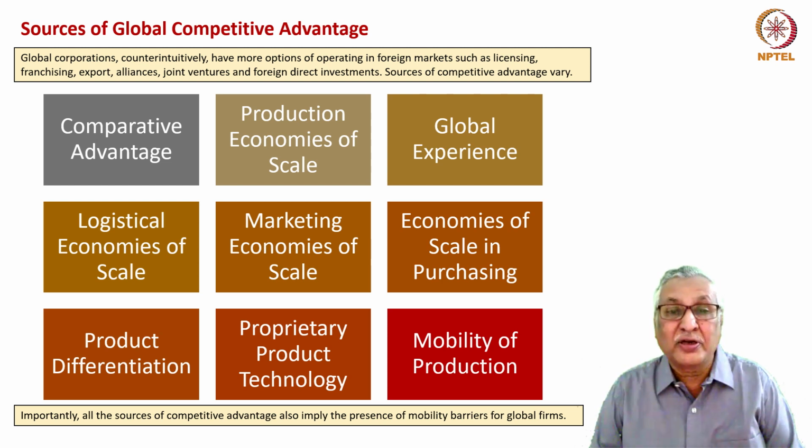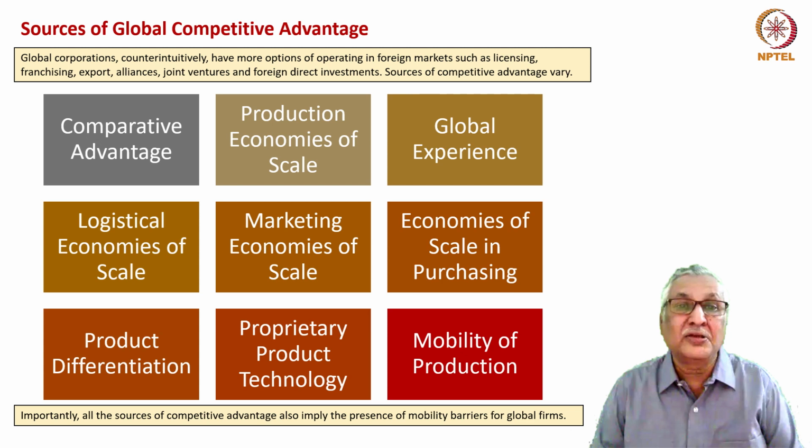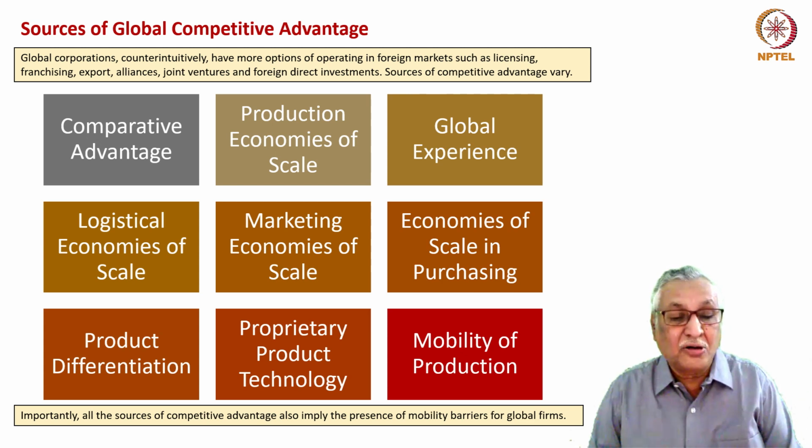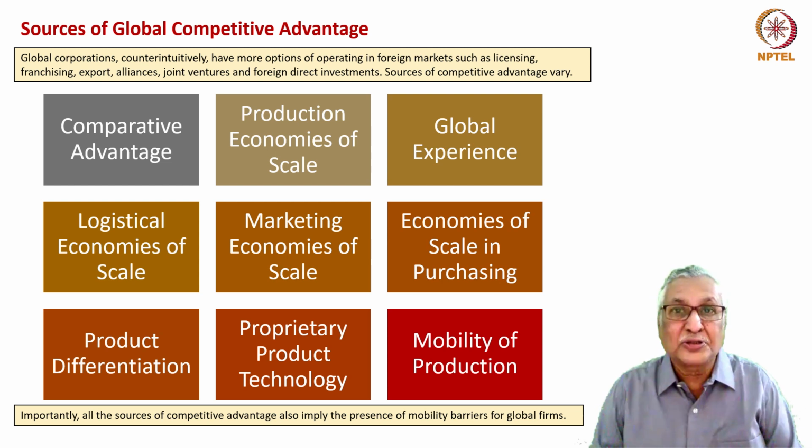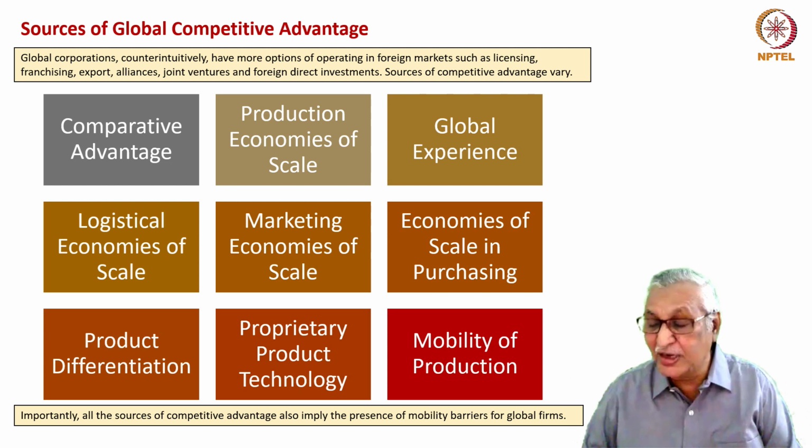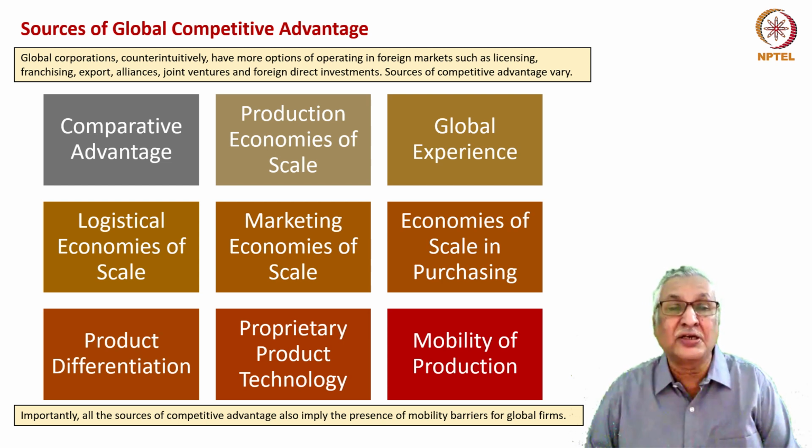At the same time, when emergencies or crises strike certain parts of the global network, it would be possible for companies to shift production and maintain the overall global production scale. Importantly, all the sources of competitive advantage also imply the presence of mobility barriers for global firms. If a company is committed to a particular region, it becomes difficult for a global corporation to move out of the region unless there are valid grounds to do so.